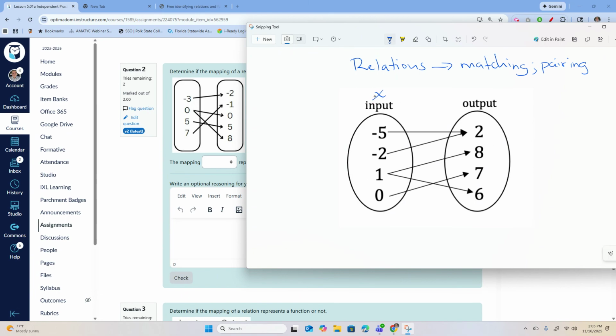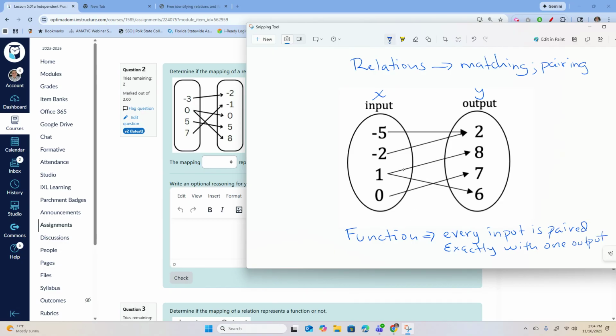Remember, input is also known as X, output is also known as Y. And the idea, to find out what is a function, a special relation, is that every input, every X, is paired exactly with one output, one Y.